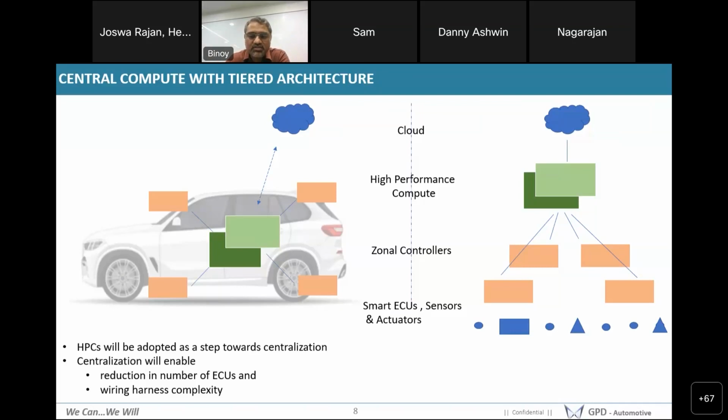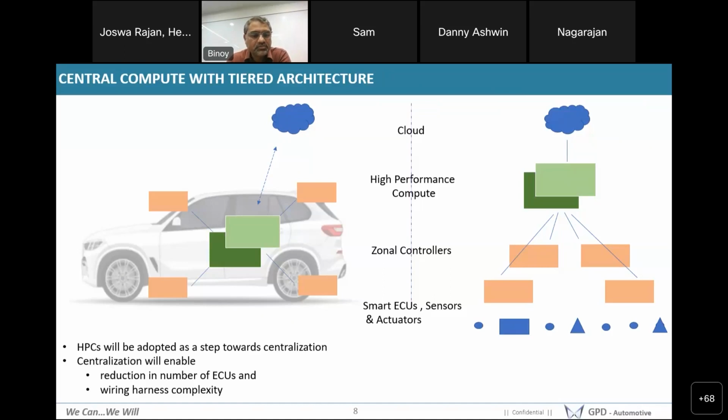There are vehicles in the field today which have communication on Ethernet between multiple ECUs, and that is picking up a lot of speed. The high performance computes are going to talk to each other through Ethernet. I think that is becoming pretty much a standard across the globe: if there is high data bandwidth between high performance computes, there will definitely be a lot of data to be transferred. Ethernet is becoming a de facto standard.